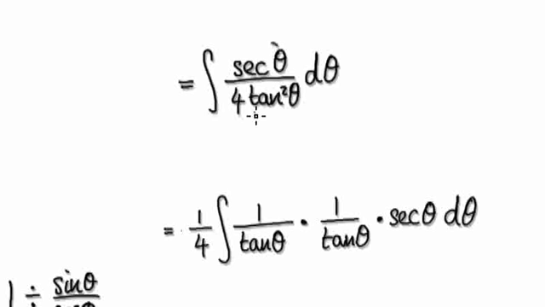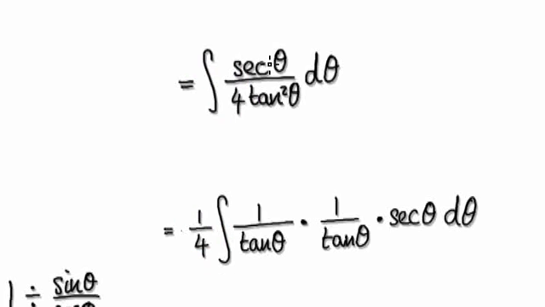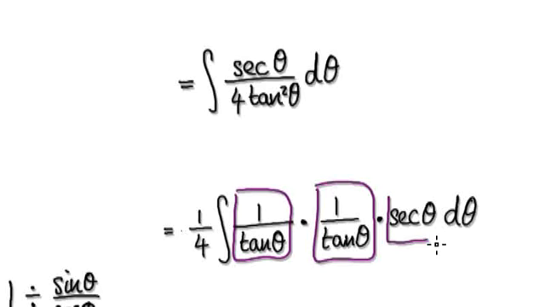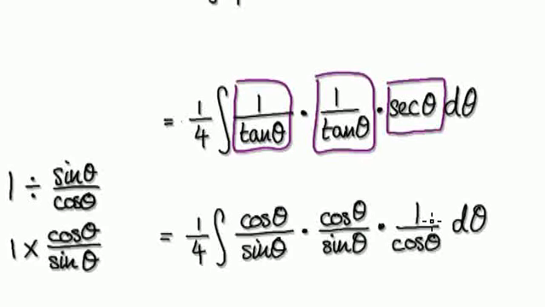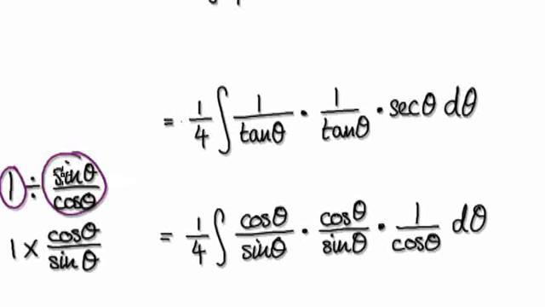Now visualize this. So factor out the quarter. Take the quarter out, and then visualize the rest as a block of 1 over tan theta times a block of 1 over sine theta times the secant of theta. Looking at this one block here, you've got 1 divided by tan theta.